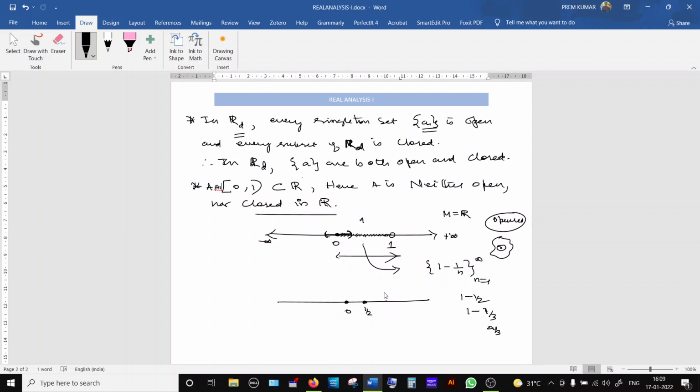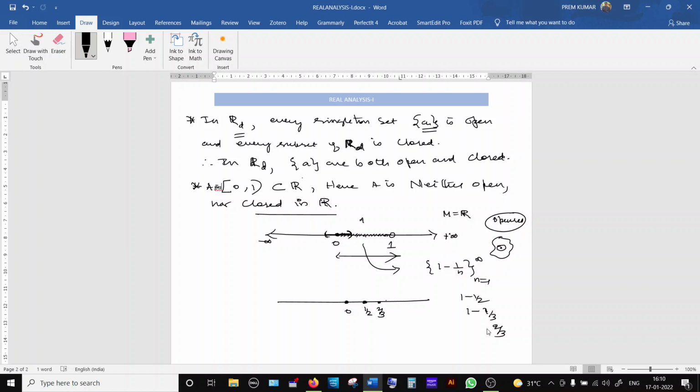Sorry, not 4 by 3. 3 minus 1, 2 by 3, somewhere here. 2 by 3 means 0.666.